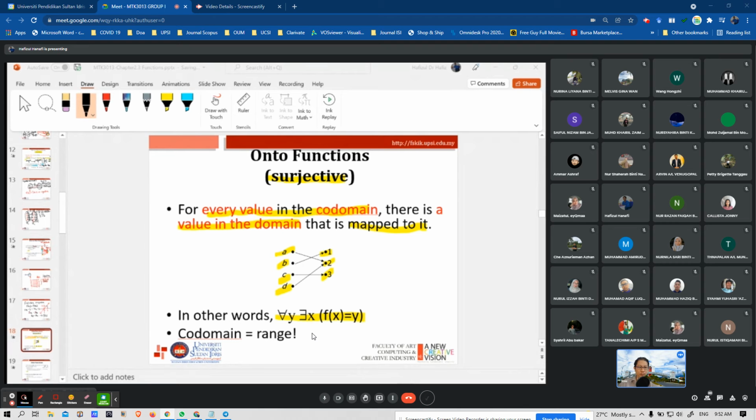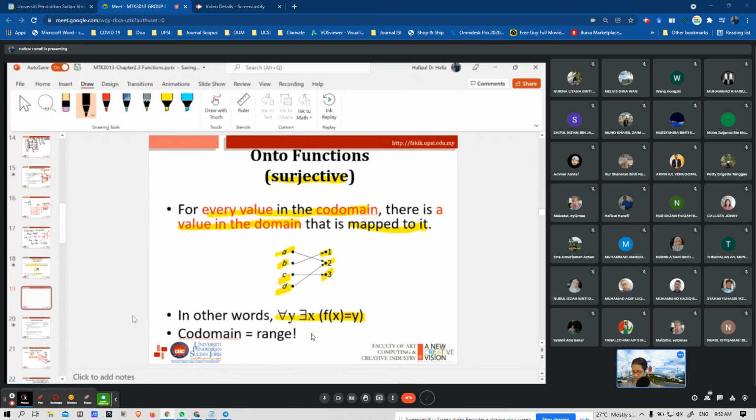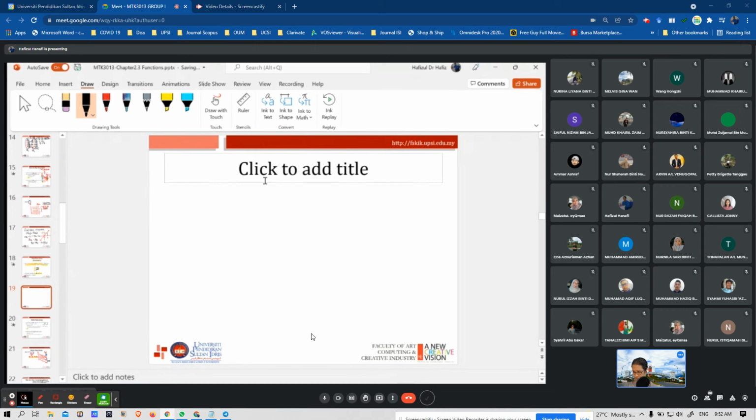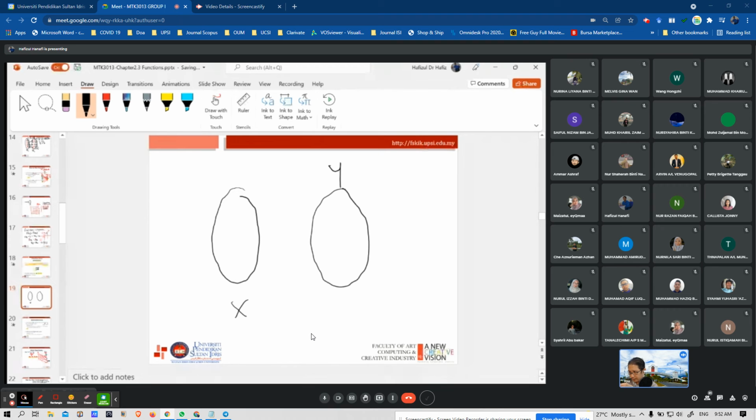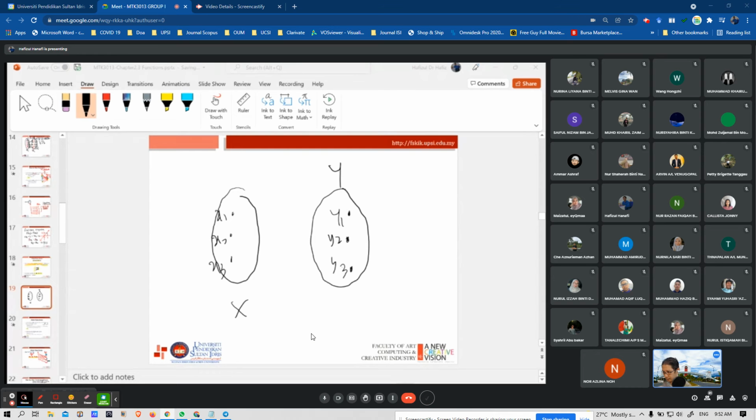We map into X and Y. Here we have X, and then we have Y. And then we have x1, x2, x3, and y1, y2, y3. And then we have a function here.